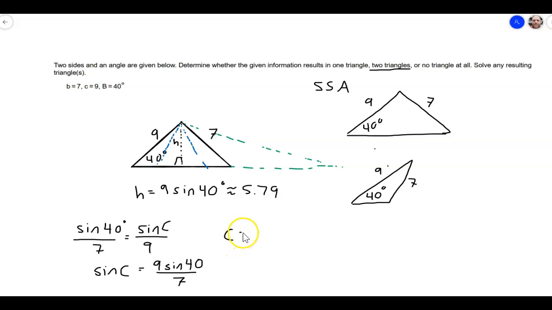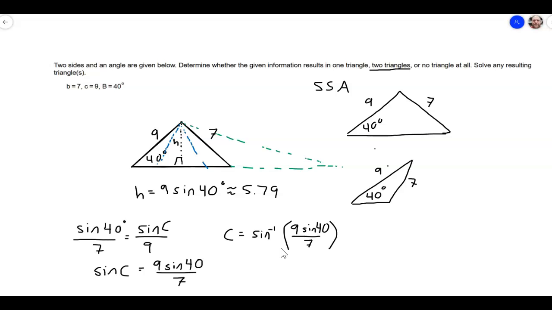And this means that C is going to equal the inverse sine of 9 sine of 40 divided by 7. And remember, with the inverse sine, what we've talked about is that there's two angles between 0 and 180 that we have to look at.